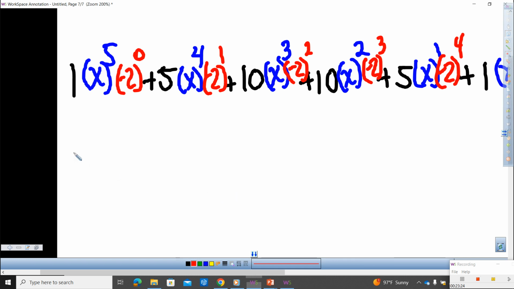So here we go. I start with 1 times, what is x to the 5th power? X to the 5th. I got rid of that parentheses.